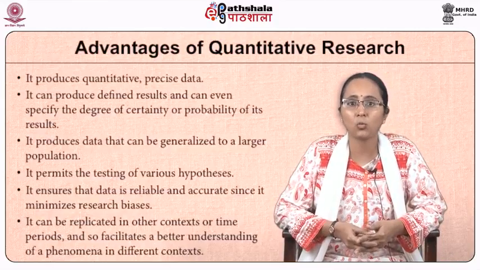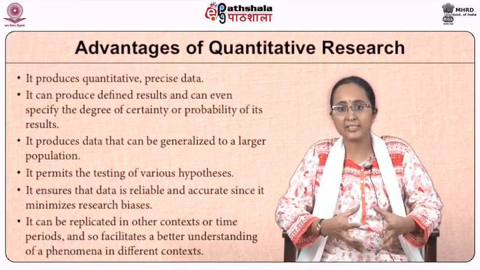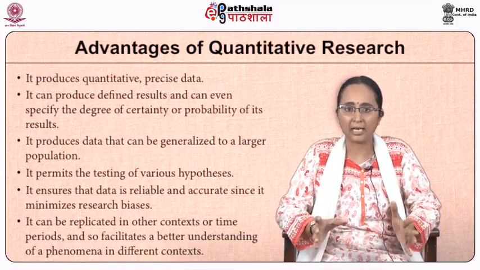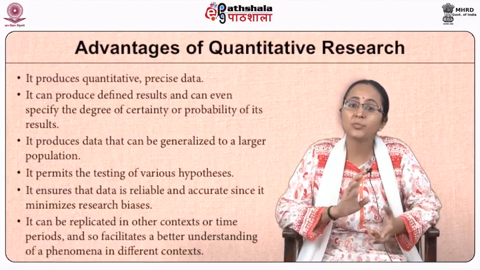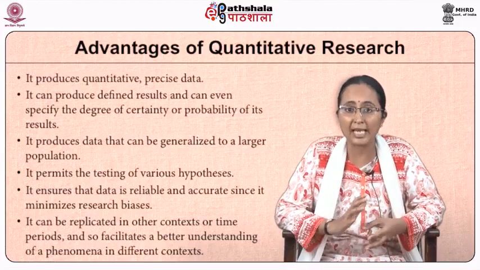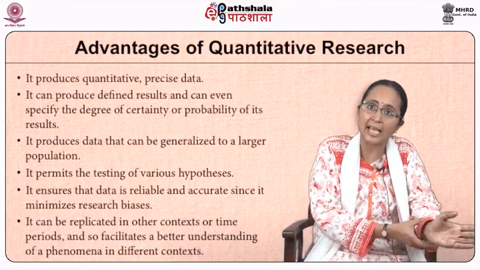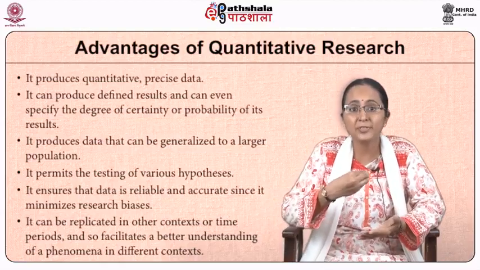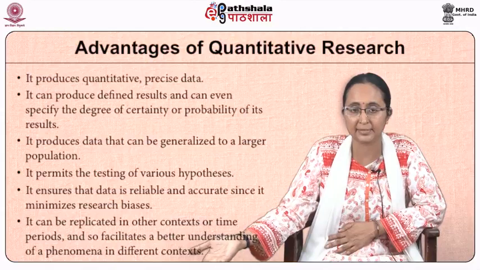Advantages of quantitative research. The greatest advantage is you can produce precise data and in great quantities. You produce data on defined results, because you've already defined the results at the beginning of the study. You know what you're expecting, and you can specify the degree of certainty or probability of the results.